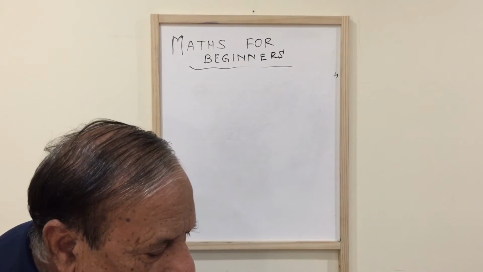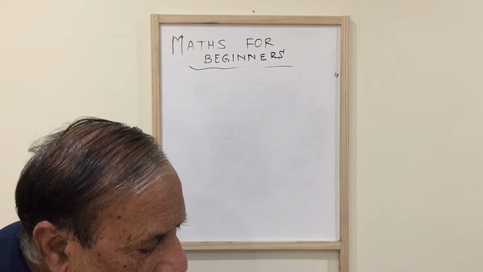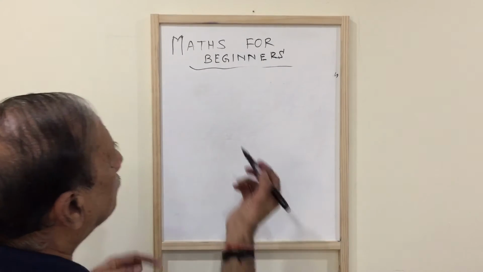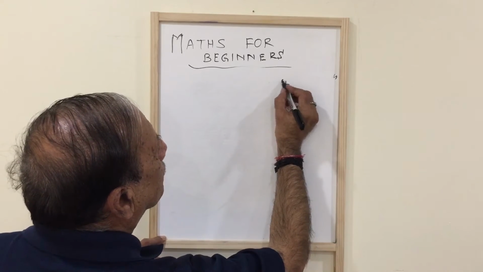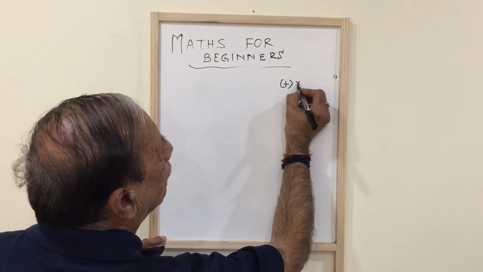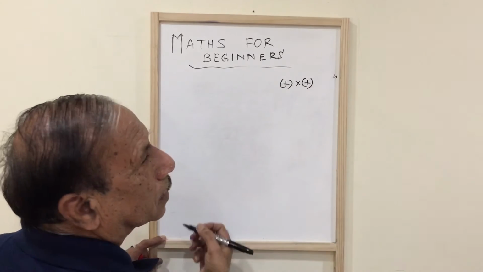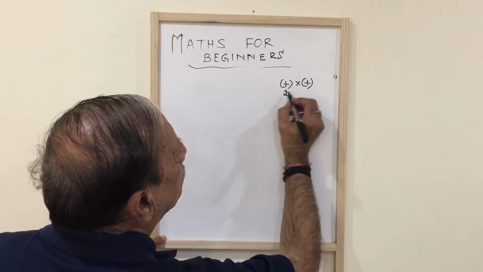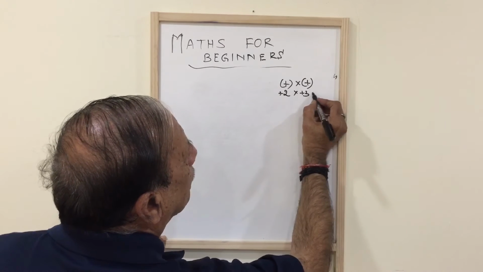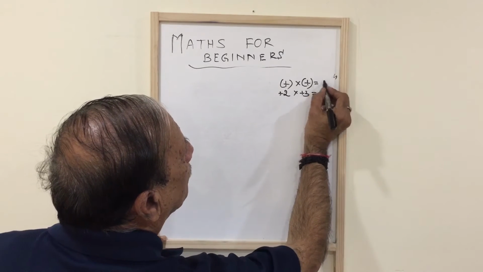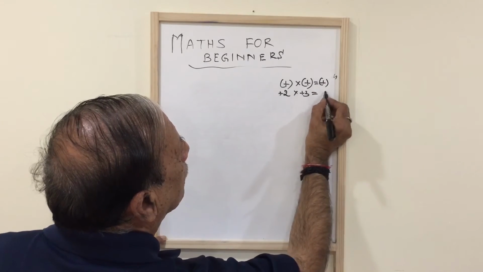Normally what mistakes people make, I'll tell you. A simple formula: if a term is plus and you have to multiply another term which is also plus, suppose it is plus 2 multiplied by plus 3, you will get a plus sign, that is 6.